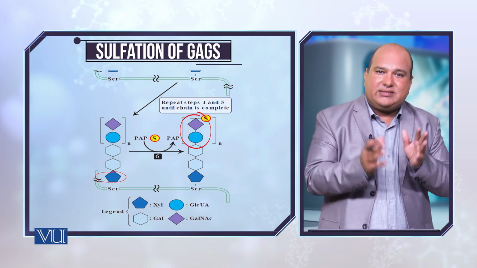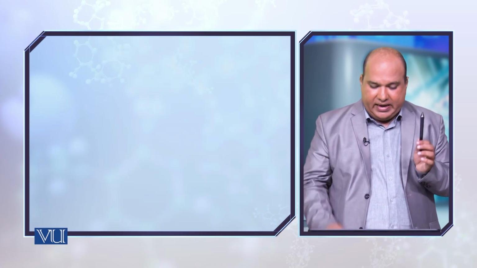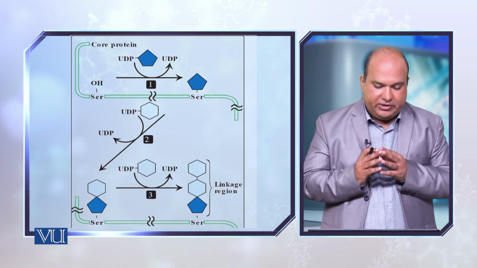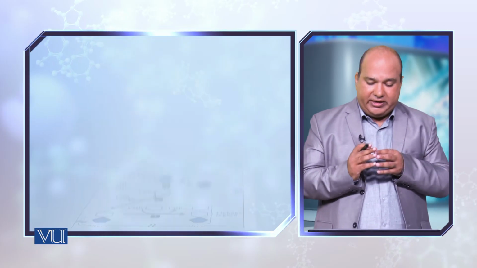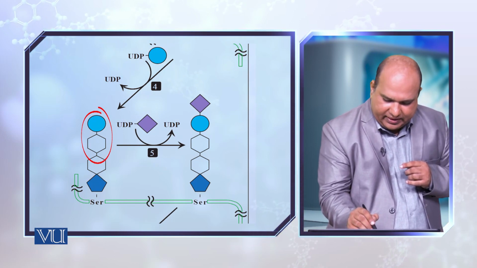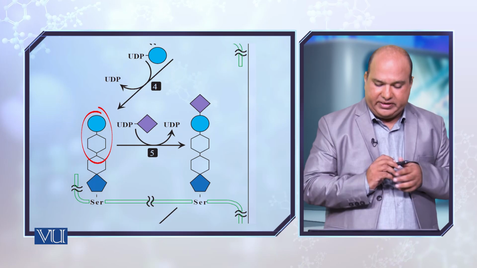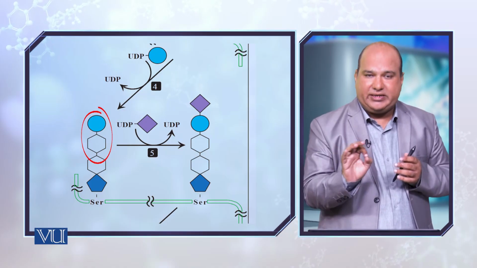This sulfonation is applied through the activity of a compound known as PAP. PAP provides the sulfur moiety. So, you have the carbohydrate moiety of the proteoglycan, and it gets sulfonated on the very terminal sugar residue, and of course, the sulfur transferase enzyme is involved in this reaction.